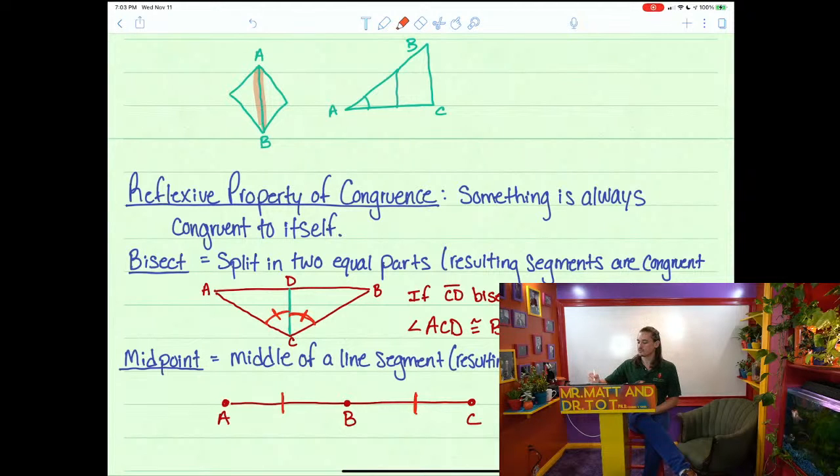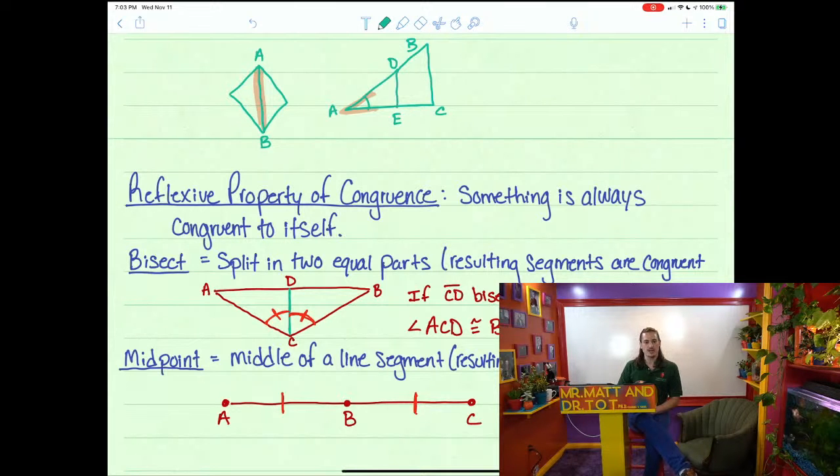The same thing is true for this angle measure, BAC. Notice that the larger triangle ABC, let me call this point D, shares that angle BAC with the smaller triangle, let me call this point E, ADE.